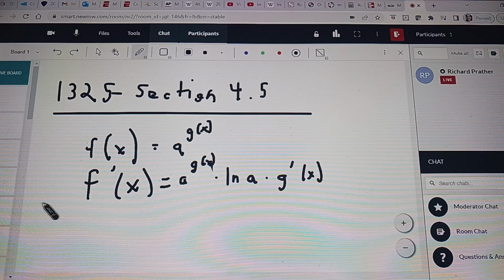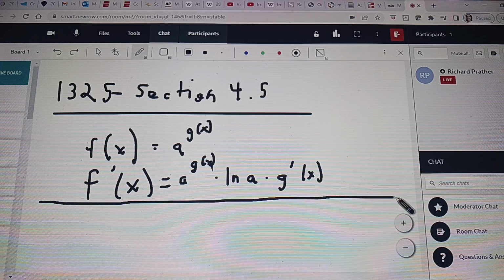Today, we're going to be doing derivatives of logarithmic functions, and logs are inverses of exponentials. So in essence, the first two steps are just backwards.